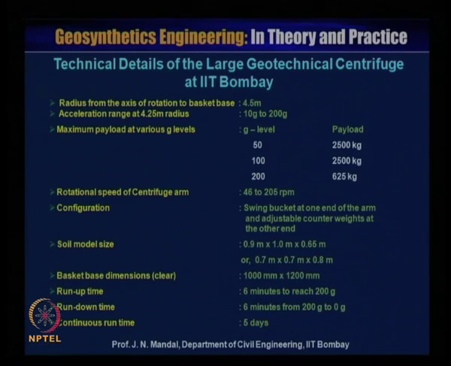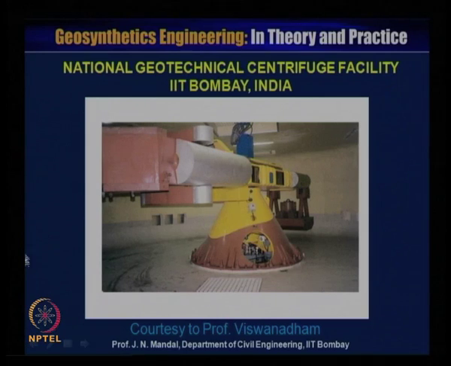And the configuration is a swing bucket at one end of the arm and an adjustable counterweight at the other end, like this. This is the counterweight and this is the bucket here, so it can be adjusted.